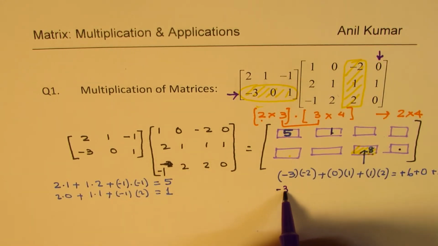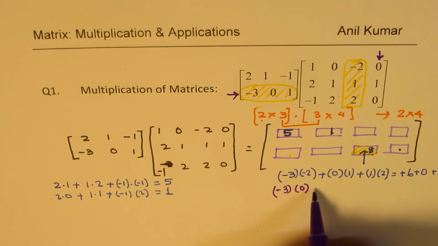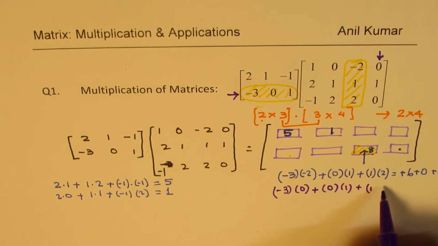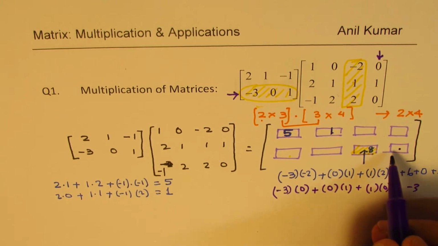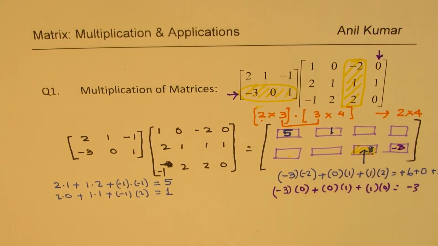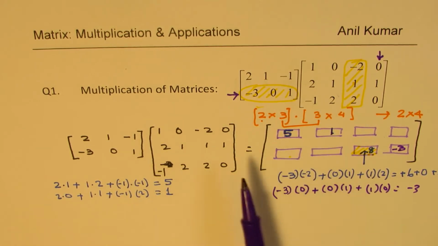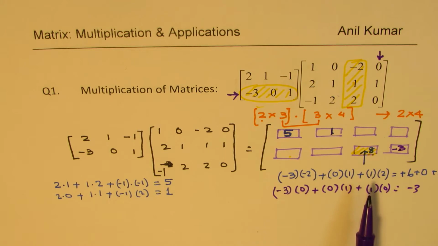So we have minus 3 times 0 plus 0 times 1 plus 1 times 0, and that gives you minus 3. So we get minus 3 here. So I hope you have understood the whole process. Correct? So apply this method to fill this up. Simple. So you can actually pause the video, fill this up, and then check with my solution.